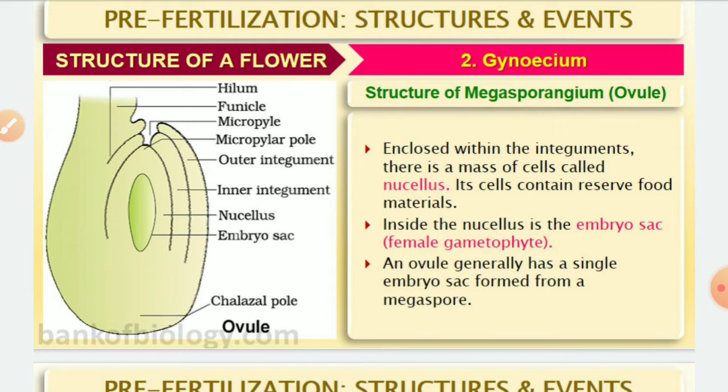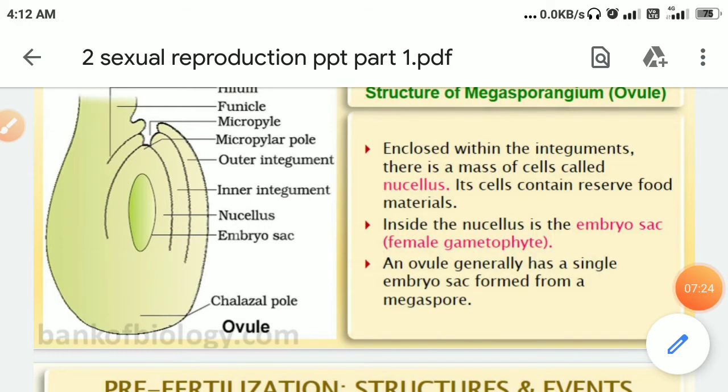Now, inside the nucellus is the embryo sac, or the female gametophyte. An ovule generally has a single embryo sac formed from a megaspore.